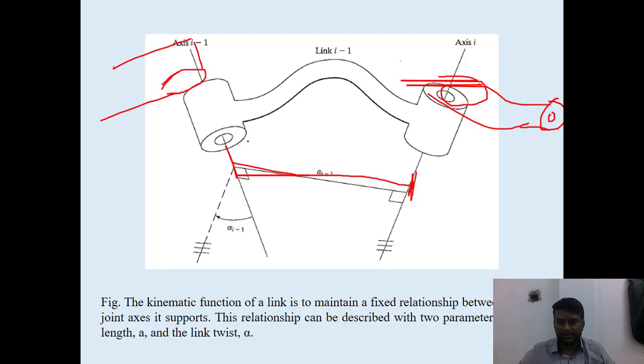When you straighten it, whatever twist was given, that is the twist. That is the angle, which we call link twist. And for link length, suppose you have something already bent, but you want to measure the actual length: you make it straight and you measure the length. That is how we do the measurement.